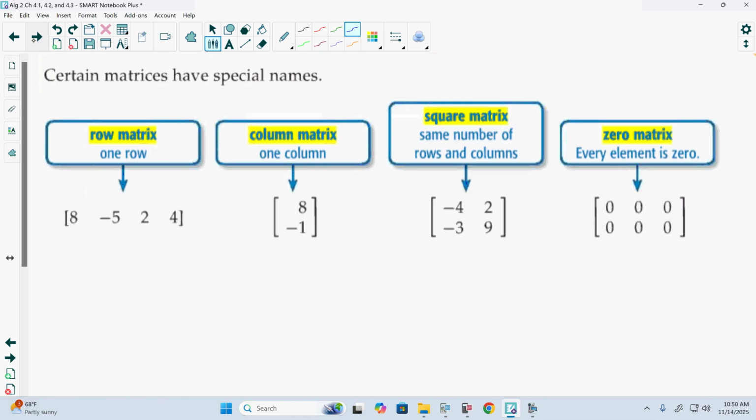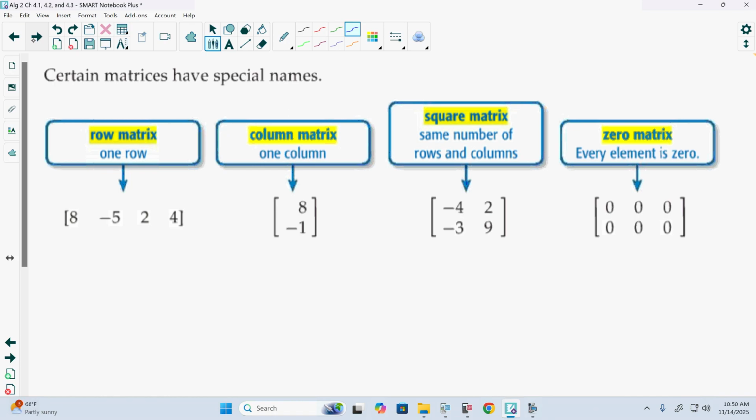So naming elements is new. We hadn't done that before. Now this is new because we haven't really talked about specific types of matrices. There's a few that have special names. The first one, if the matrix consists of exactly one row, we call it a row matrix. If it only has one column, it's a column matrix. Doesn't matter how many elements are in the column, as long as it's one column, it's a column matrix.